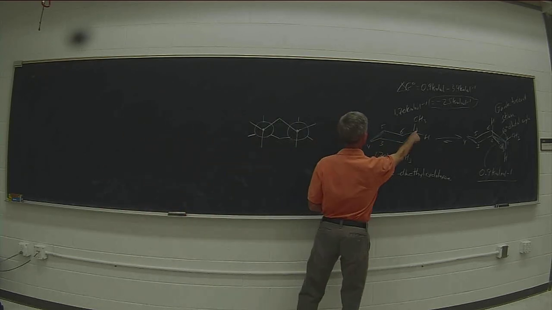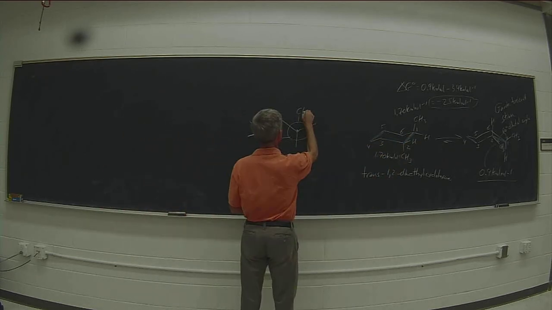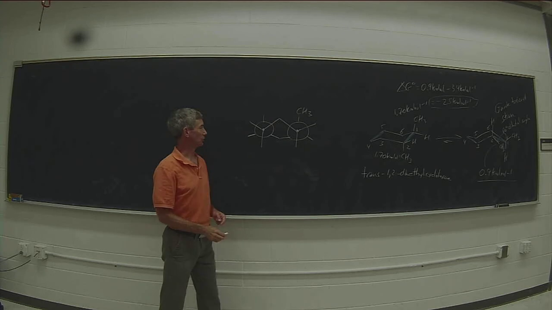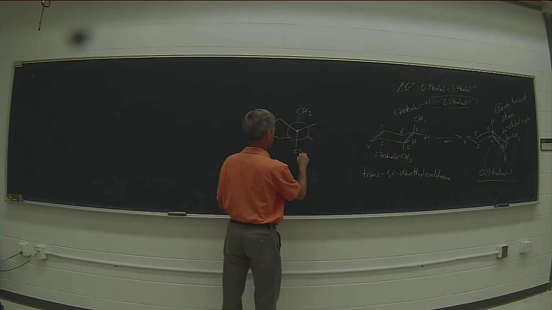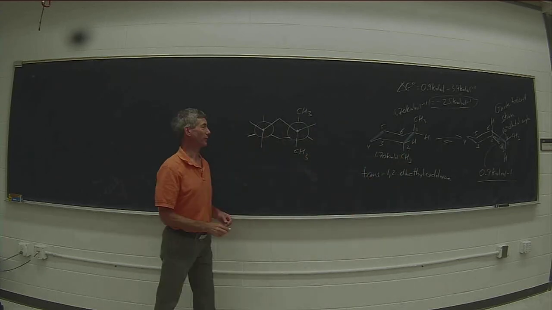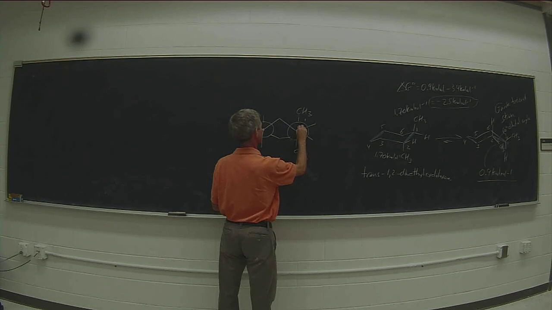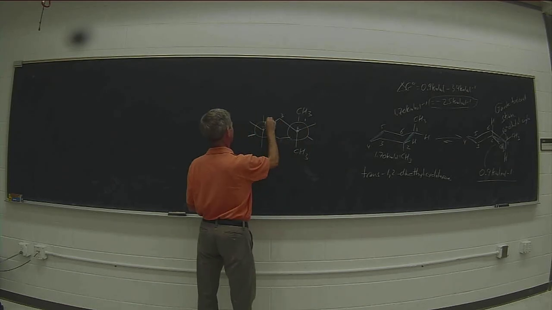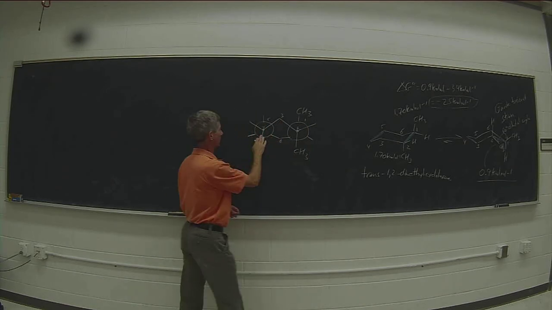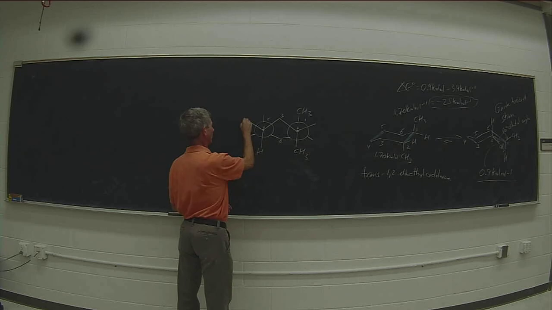And off carbon 1, which is the back carbon, I have a CH3 group in the axial position pointing straight up. And off carbon 2, which is the front carbon, I have a CH3 group pointing straight down. And then off carbon 4, all I have is hydrogens.